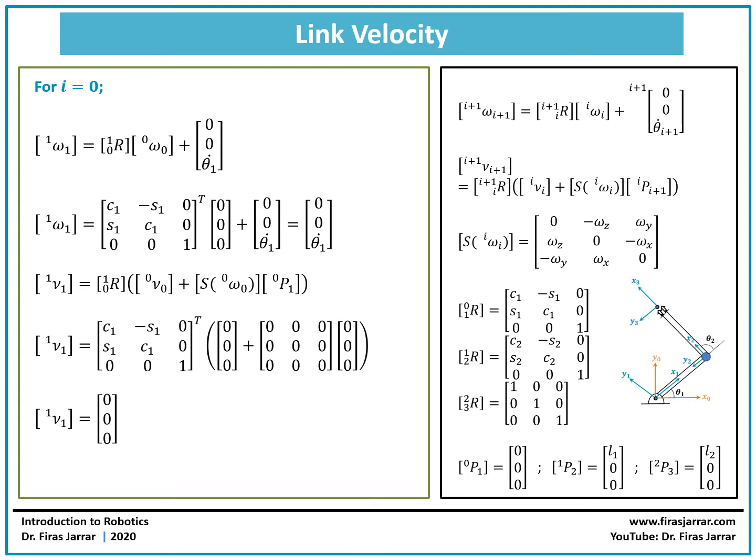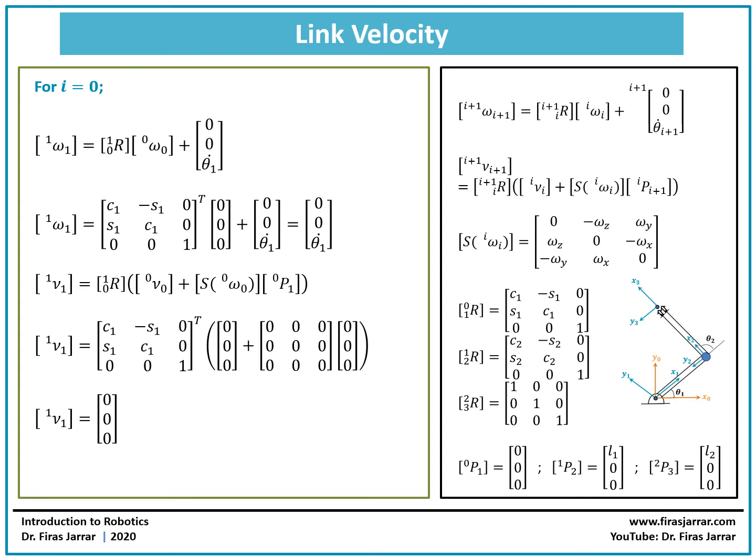This is the formula for the linear velocity. I also included the definition of the skew symmetric matrix, and we also have the rotation matrices for the case considered in this example and the position vectors. So we want to have this handy for the rest of the slides.